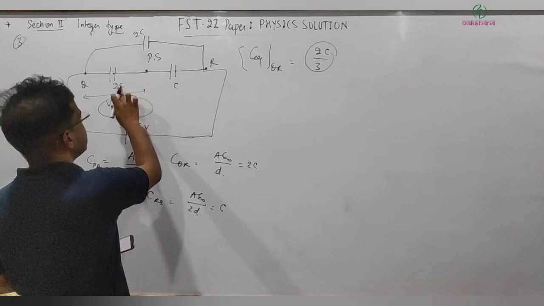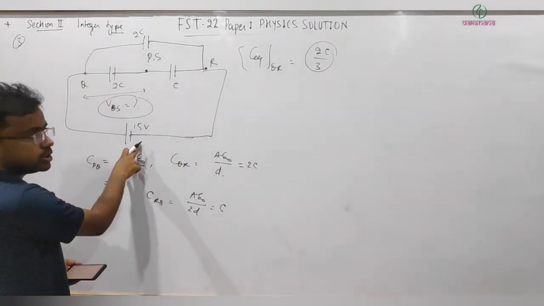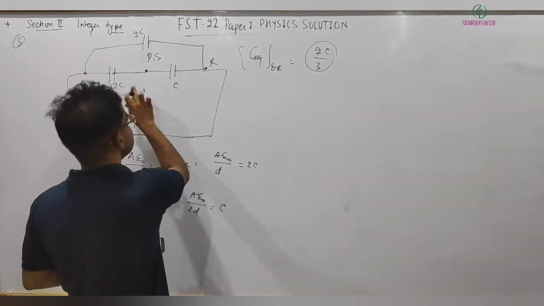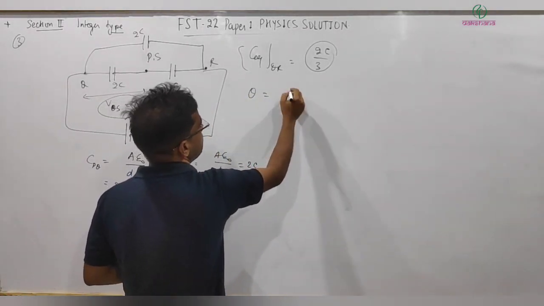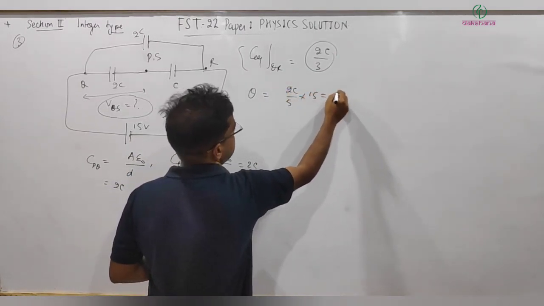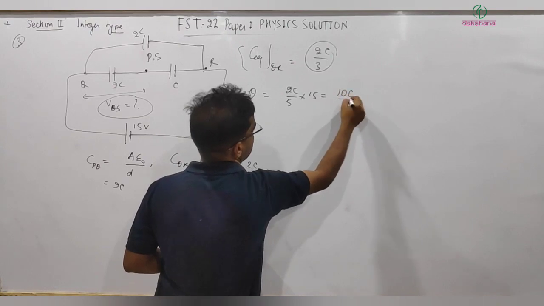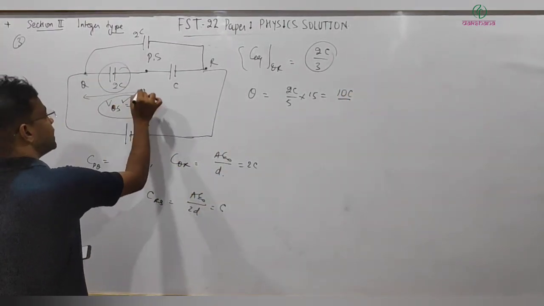Then the potential difference across Q and R will be the same 15 volt. So the charge on this capacitor, Q, can be written as C into V, that is equal to 2C divided by 3 multiplied by 15, which comes out to be 10C coulomb. Now the potential drop across this capacitor will be our answer.